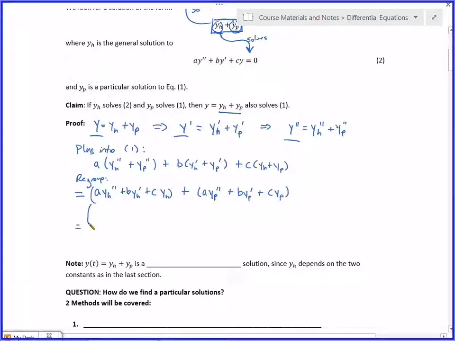Now this, since YH solves 2, we know that A y sub h double prime plus B y sub h prime plus C y sub h, since it solves 2, that whole thing has to equal 0.